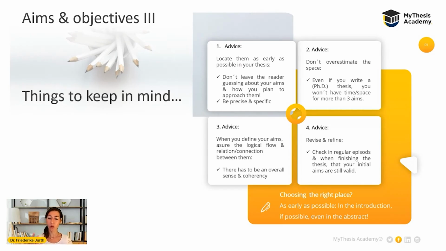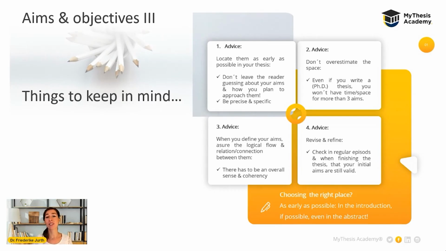Then what you also should keep in mind is that you can always revise and refine your aims. So set yourself some time frames and check and recheck in regular intervals the initial aims and whether they are still valid.